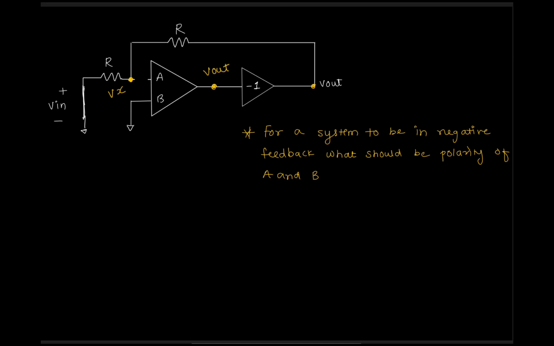So we'll name it V dash. So for the system to be in negative feedback, if the V out dash increases, the op-amp has to make it decrease. That is negative feedback. And if V out increases and the op-amp increases it further, that is positive feedback.